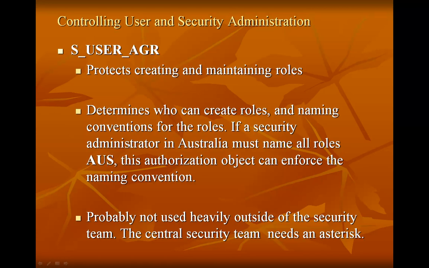Which means you can only create roles that begin with AUS. You cannot work with roles that begin with AB or AC or AD or X or Y or Z or whatever. Only the roles that begin with AUS.